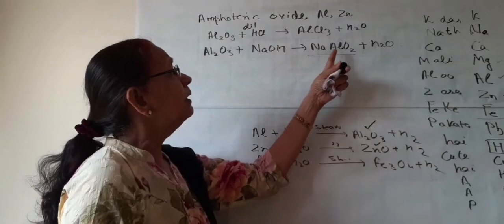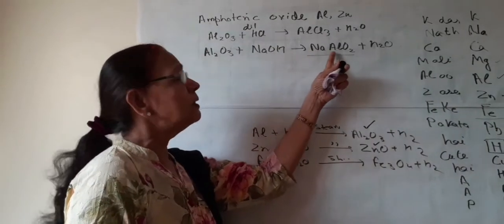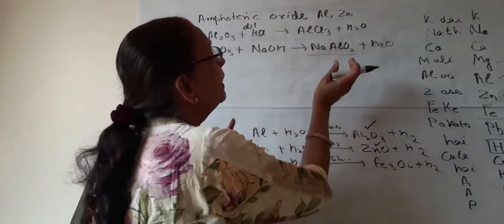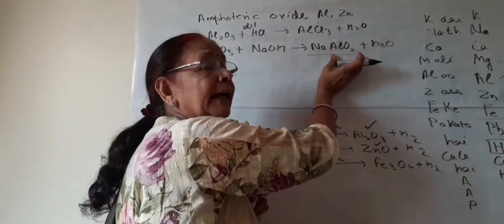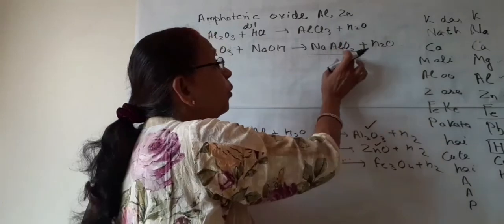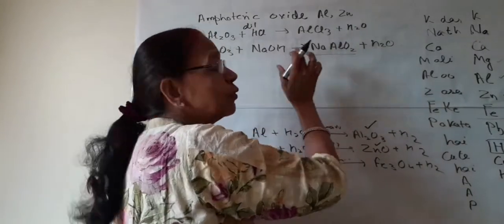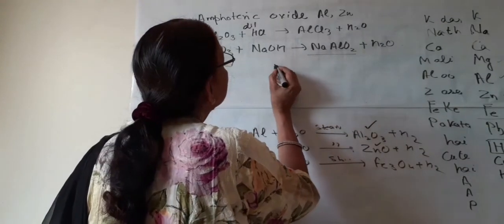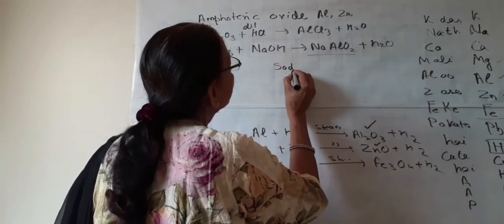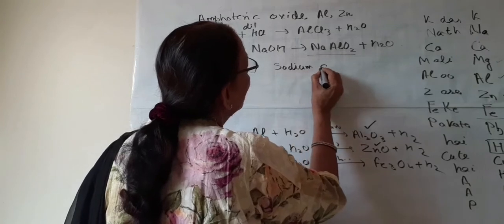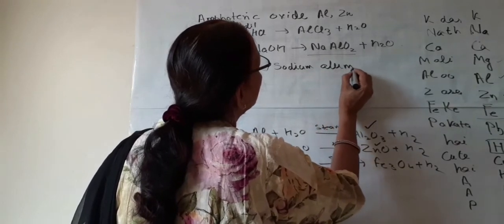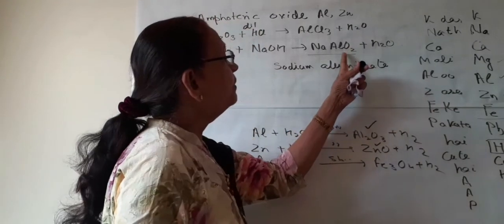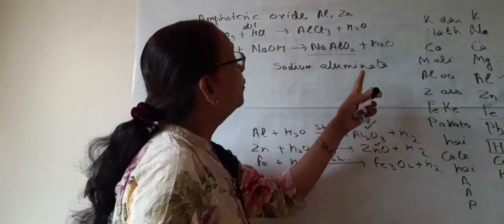You can see this is also a metal, this is also a metal, but the aluminium is present as an anion. AlO2 is an anion, sodium is a cation, and the name is sodium aluminate.